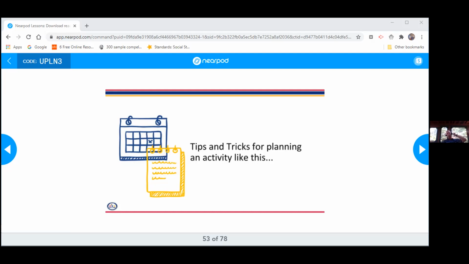But using that structure that I gave you, the template, providing kids with, here's the time we're going to give you, here's what I expect to see at the end of that, having those things for kids in place are really important. Let me know if you have any questions.